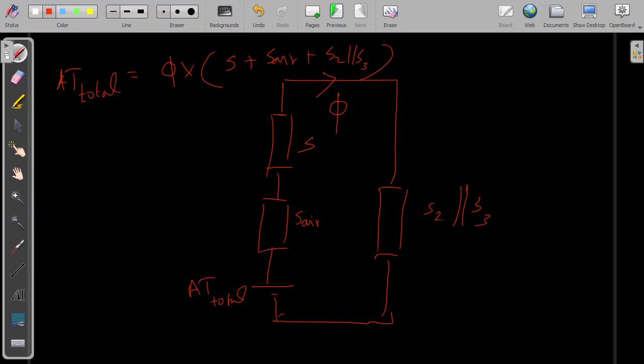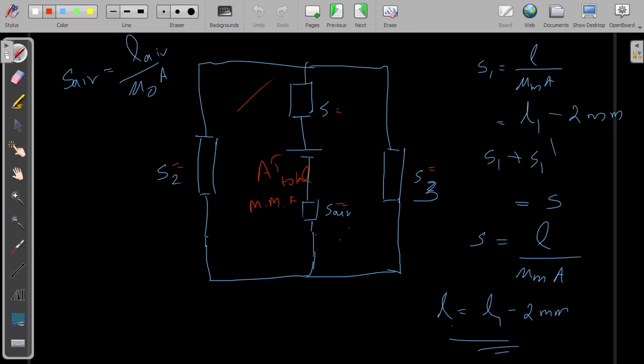So AT total you will get some value. Then AT total equals N into I. So I, that is magnetizing current, will be equal to AT total divided by N. So you will get the answer. So that is the whole procedure.